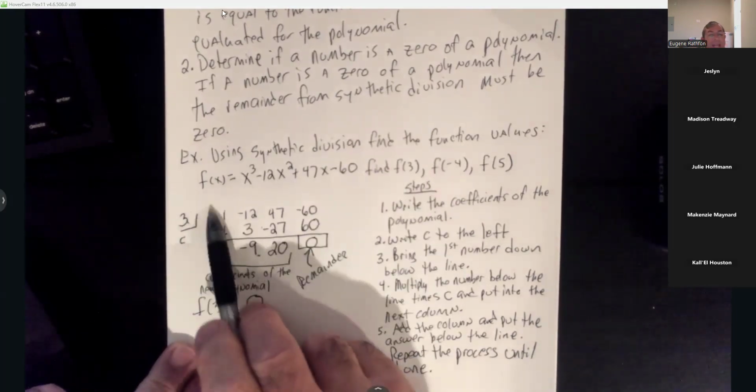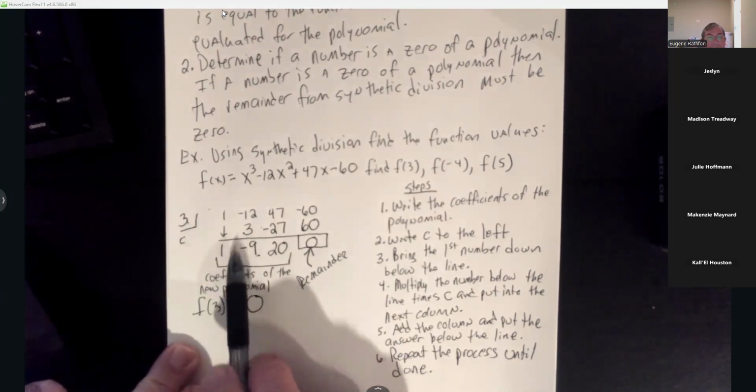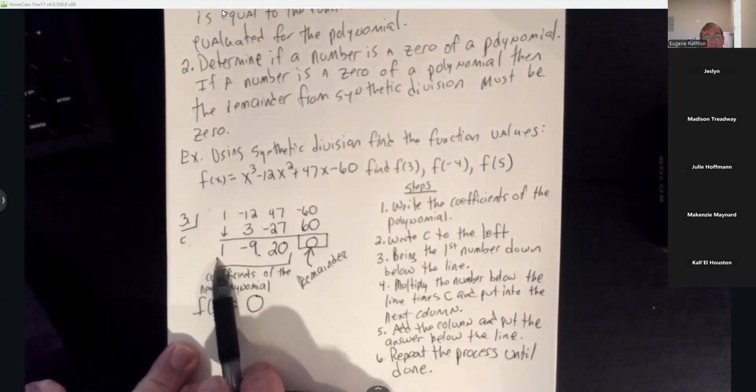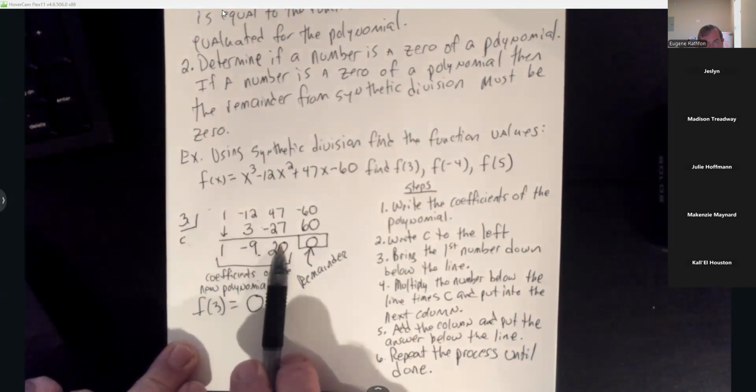So it's like we're dividing out this factor that had a 0 of 3. So once it's divided out, since this was the x to the third, this always starts 1 degree less. So this would be 1x squared minus 9x plus 20.